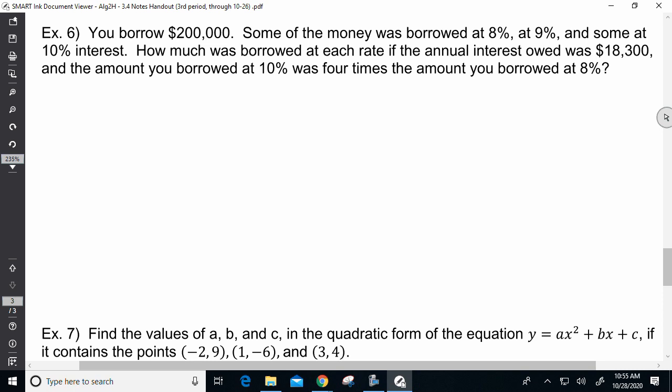Alright, so you've got $200,000. I wish I had some. Some was borrowed at 8%, 9%, and 10%. So you have $200K in 3 different accounts.